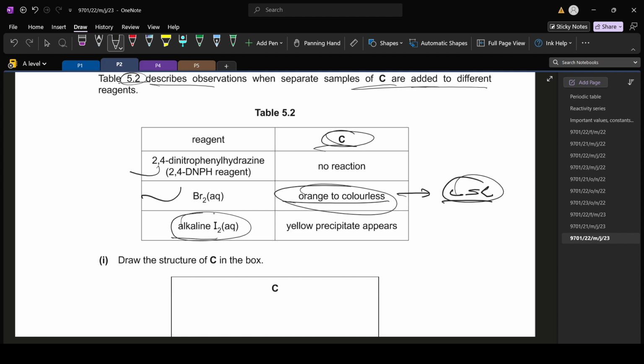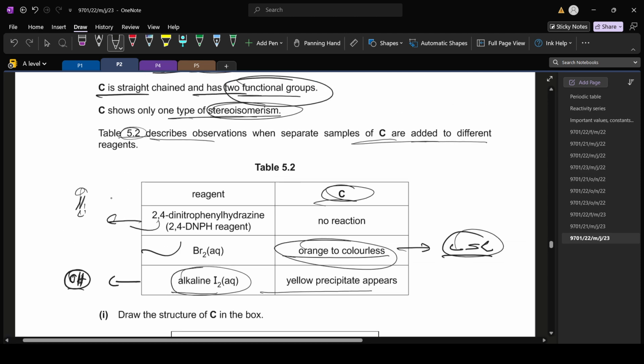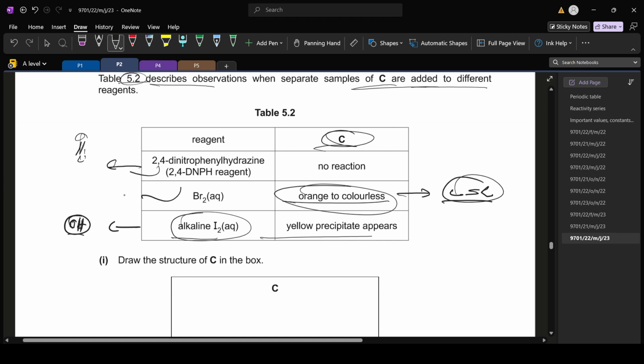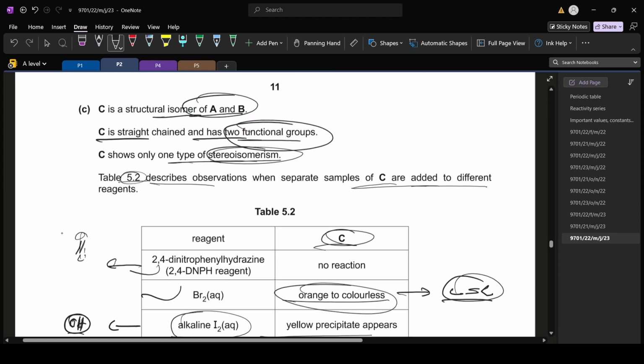It also gives a positive alkaline iodine test, but there is no carbonyl group. The other group which gives a positive test with alkaline iodine is the OH group. So these are the two groups present in C: a carbon-carbon double bond, which is an alkene, and an alcohol.